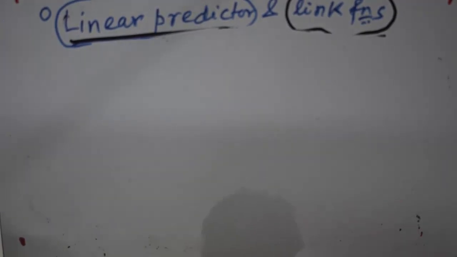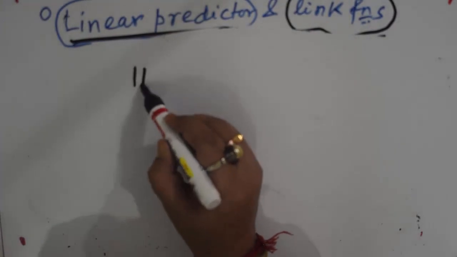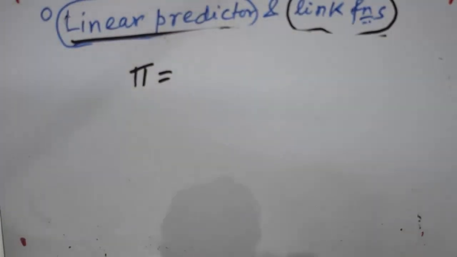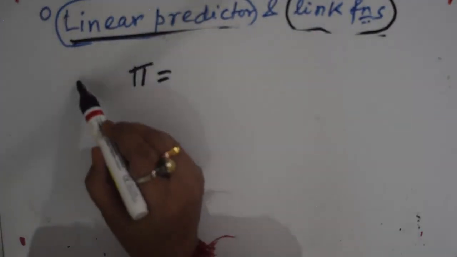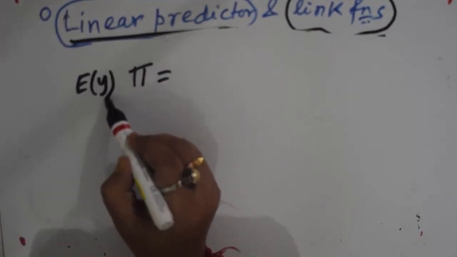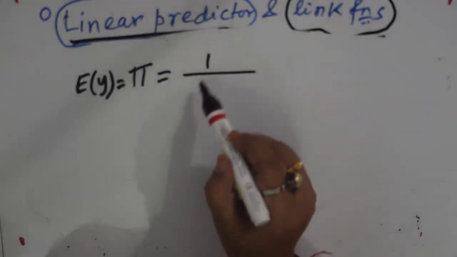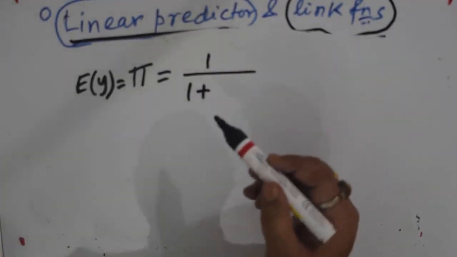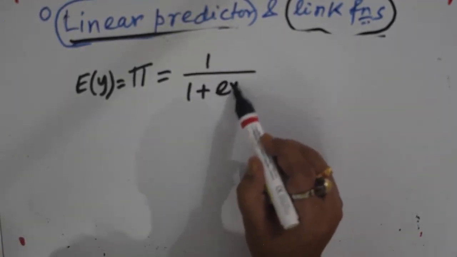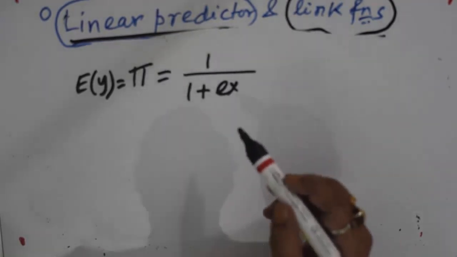This link function is obtained as follows. Pi, which is expectation of y, is equal to 1 by 1 plus exp minus eta, the logistic function. We already discussed this.